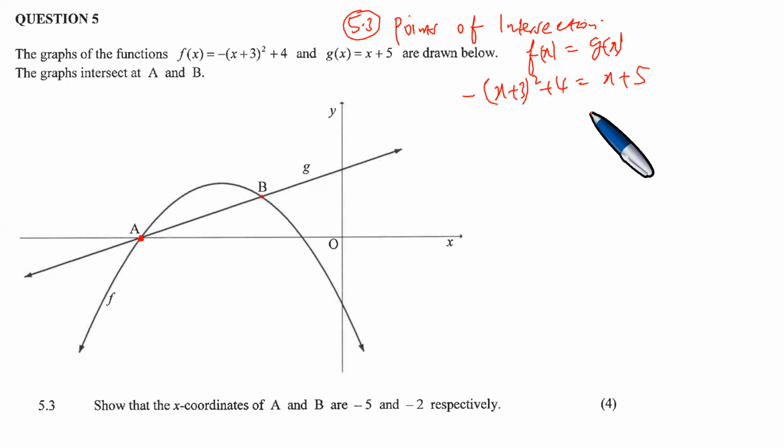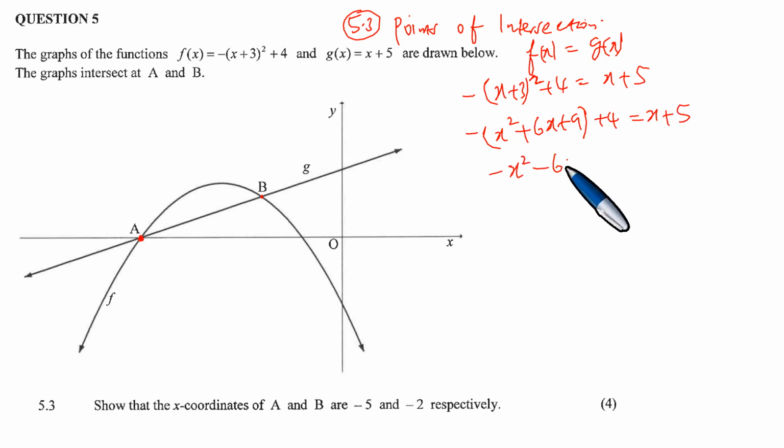Okay, we equate them. So we make f of x equal to g of x. So if f of x is equal to g, this is what we get. Okay, we square this one. If you square this, it becomes x squared plus 6x plus 9 plus 4 is equal to x plus 5, which is minus x squared minus 6x minus 9 plus 4 equals x plus 5.